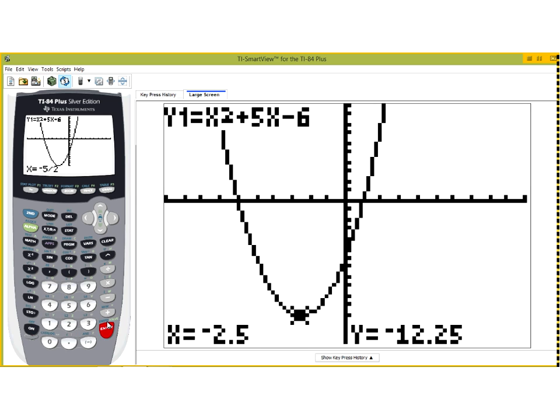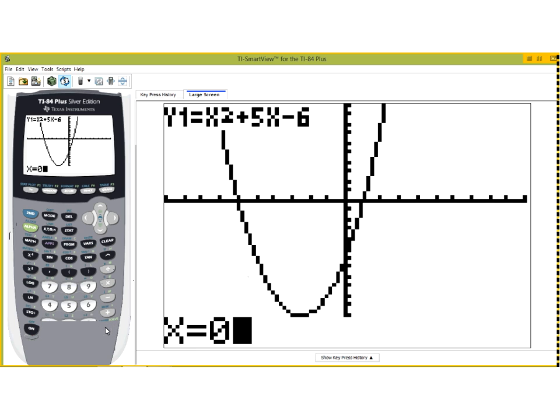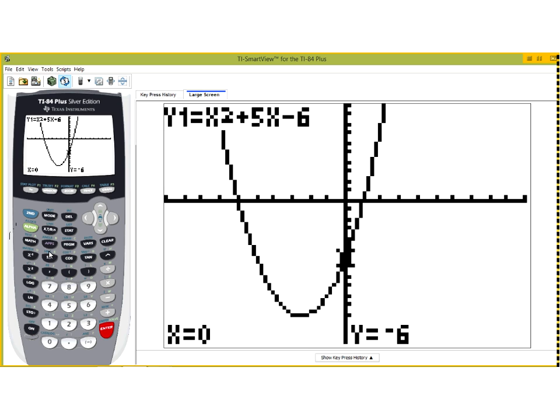So I'm going to verify that my vertex is at minus 5/2. So I type in minus 5/2, and I get minus 12.25, which I remember from my home screen. So that is the vertex. I type in x equals 0, and I get y equals minus 6, which is my correct y-intercept. And then I type in minus 6 for x, and I get y equals 0, so there's an x-intercept.